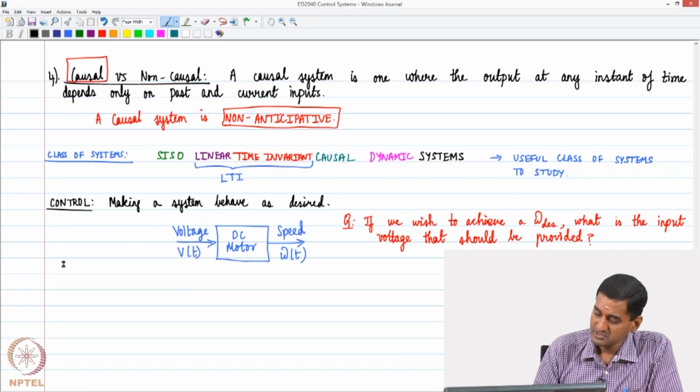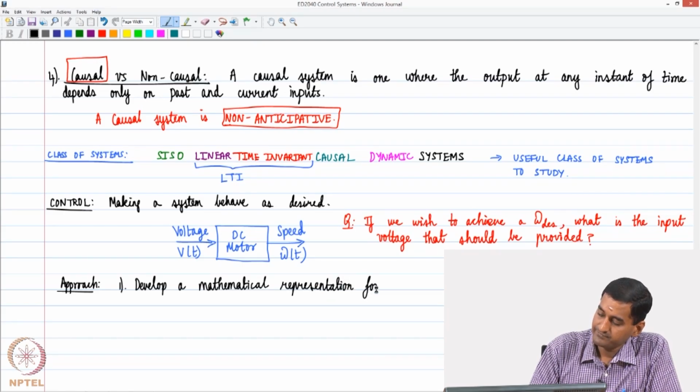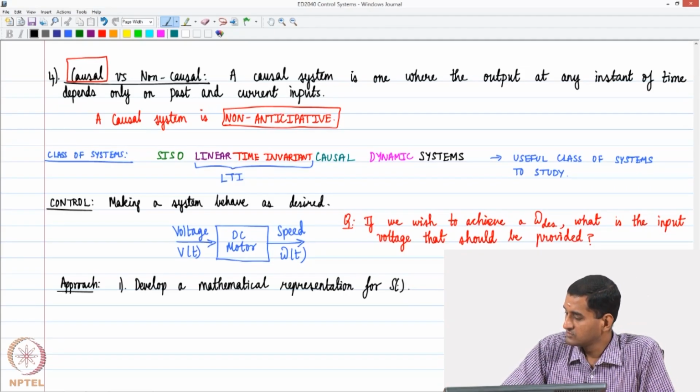And what is the approach that we are going to follow? In a very generic sense, we are first going to develop a mathematical representation for S. Okay, that is the first step.